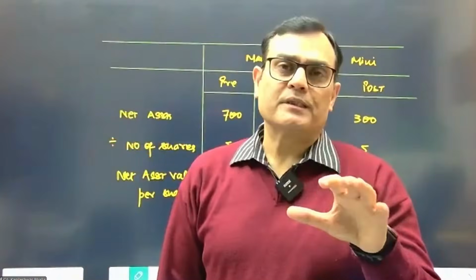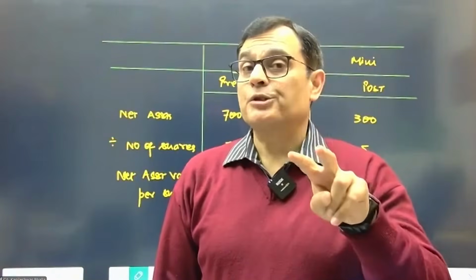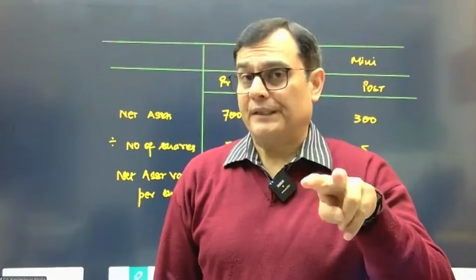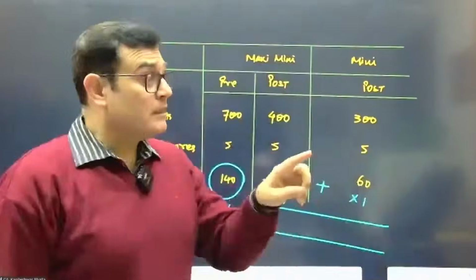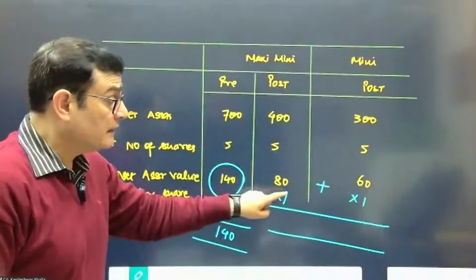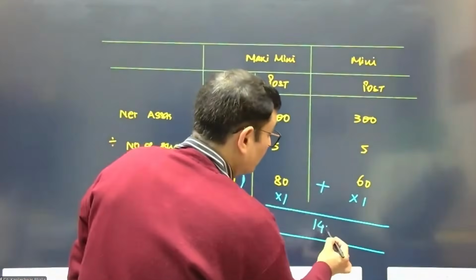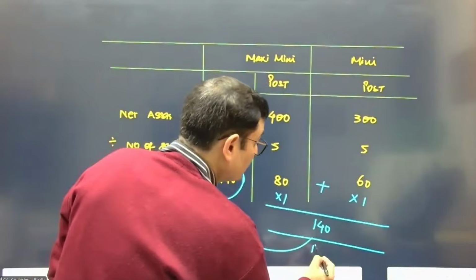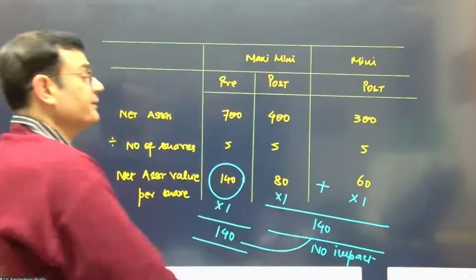Maximini had 5 crore shares and we gave them exactly 5 crore shares, so we've allotted the shares in the ratio of 1:1. Earlier the shareholder had one share of Maximini. Now he's got one share of Maximini and one share of Mini. So 80 plus 60, the total wealth is still the same. There is no impact on the shareholder's wealth.